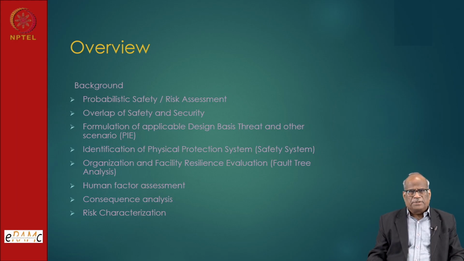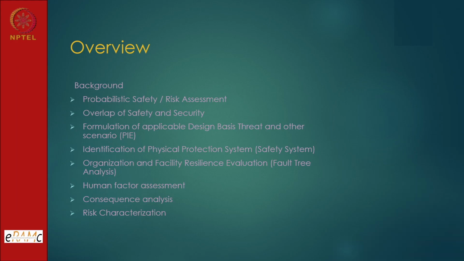Identification of the physical protection system and safety system in the initiating event, that is for safety. Organization facility resilience evaluation, we are feeling that it can be used. Human factor consideration, consequence, and risk characterization. The last slide we saw was risk characterization. So with this, lecture number 4 is concluded.